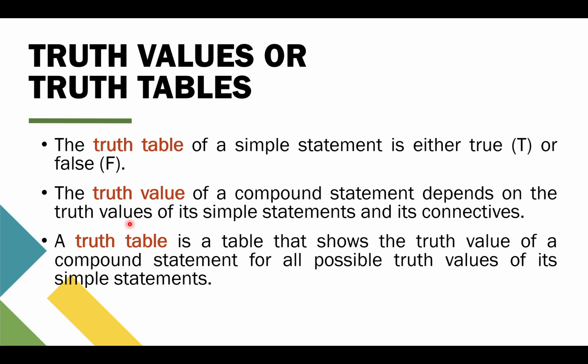So for the second bullet naman, class, itong compound statement, meron siyang dalawang single components. And itong truth value daw niya, dumedepende doon sa dalawang single components. Let's say first single component mo ay true, and then second single component mo ay false. It depends on the context.